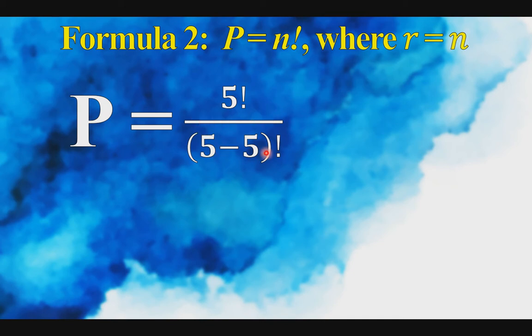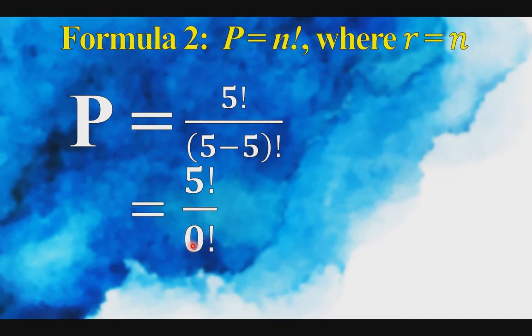So, 5 minus 5 is 0 factorial, di ba? Ayan, 0 factorial. And we know that 0 factorial is 1. So, magiging n factorial over 1. Kaya, pinakita po natin dito na magiging 0 lang lagi ito kasi nga equal lang n tsaka yung r.